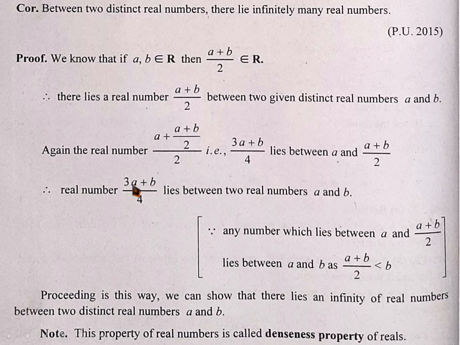Its calculation gives (3a + b)/4, which lies between a and b.